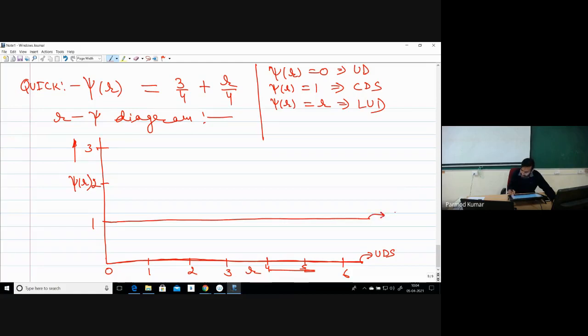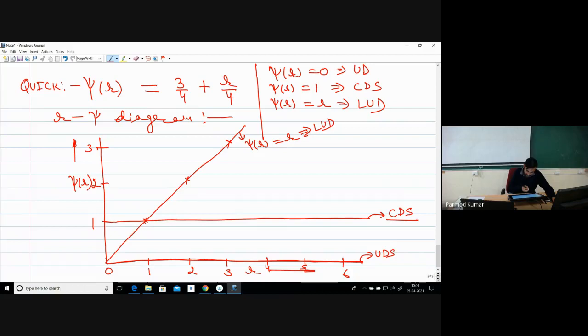So this particular line is corresponding to central differential scheme. Then I have one line psi R equal to R. So psi R equal to R will pass through these points. So this will be some straight line over here, and this is nothing but our psi R equal to R, and it is applicable for which? This is applicable for linear upwind differential scheme. Okay. Then we have another equation psi R equal to 3 by 4 plus R by 4.